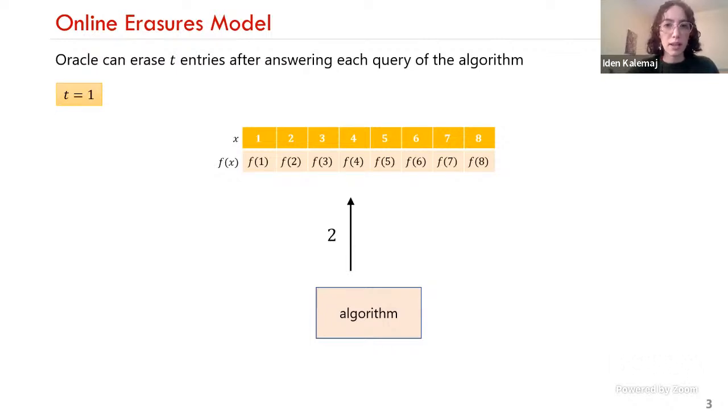Then the oracle first has to answer this query by returning f of 2. Then the oracle can erase one entry from the function. Suppose it chooses to erase entry 3. Then the value f of 3 will be hidden from the algorithm for the remainder of its running time. If the algorithm at some point queries entry 3, then it will receive a special erasure symbol. And this process is repeated for every query of the algorithm.